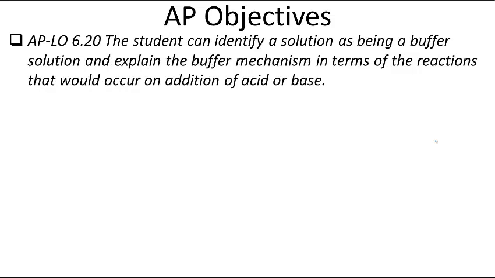And then lastly, the student can identify a solution as being a buffer solution and explain the buffer mechanism in terms of the reactions that occur with the addition of acid or base. How do you identify a buffer solution? What do you look for? A weak acid-base conjugate pair.